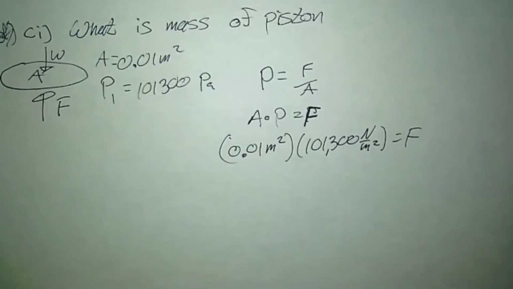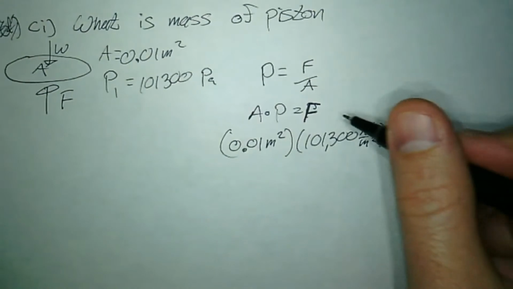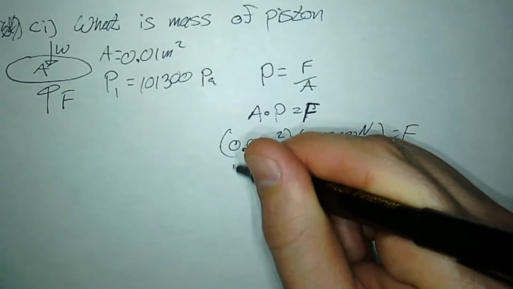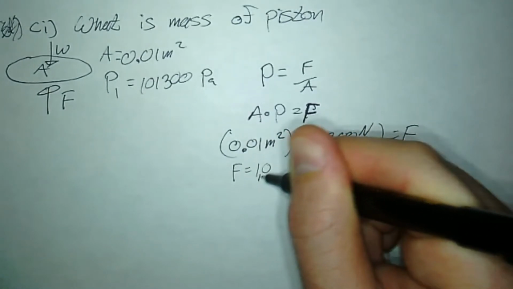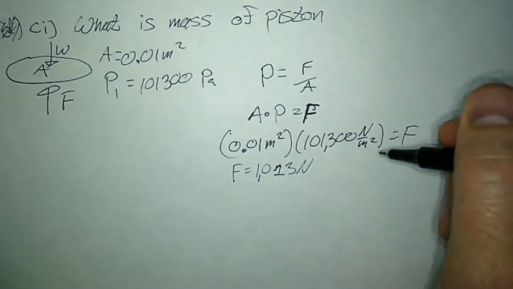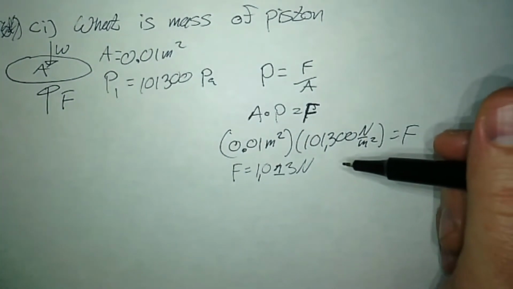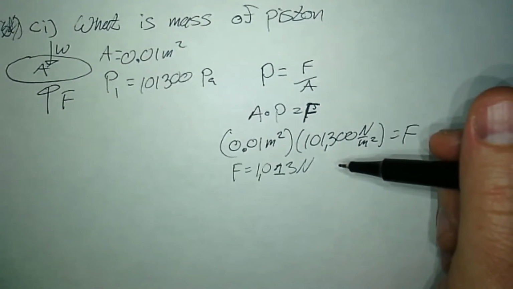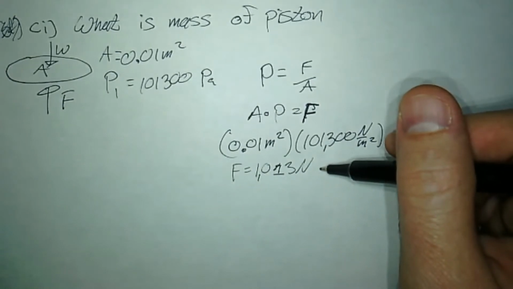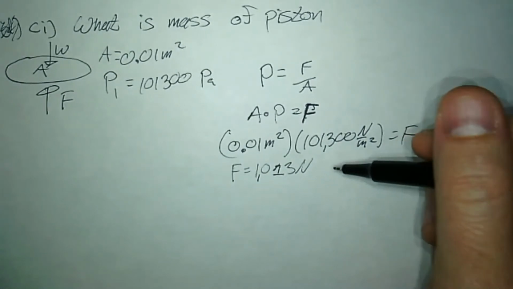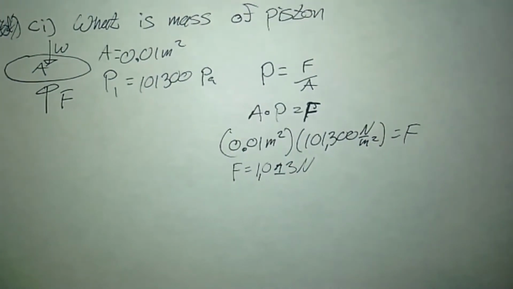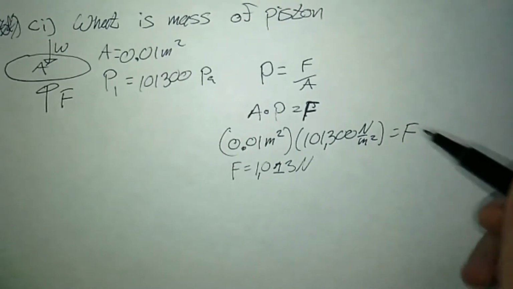When I type these into my calculator, which I didn't really need to do because I could just move the decimal twice, I get a force of 1,013 newtons. That tells me, most importantly, that I picked too big of numbers for this problem, because I was just picking them as I went along. It's unrealistic for a 100 kilogram piston. But those are the numbers we have, and this is real simple math, so I'm pretty sure we did it right. Let me know if I did it wrong, though.